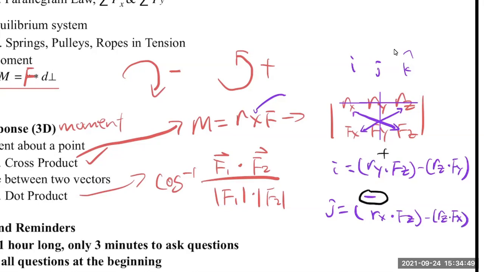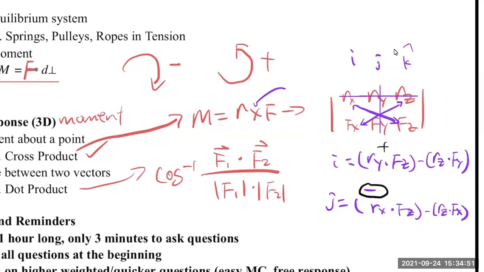Okay, and then for the z, which is k, what I have to do is simply cross out the row where z is at, and then also cross out the column where z is at.